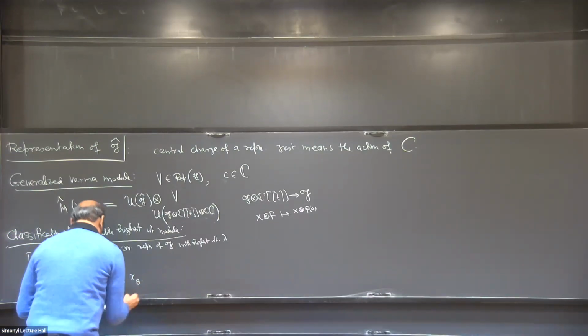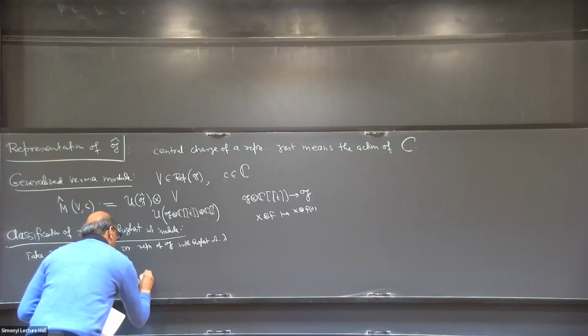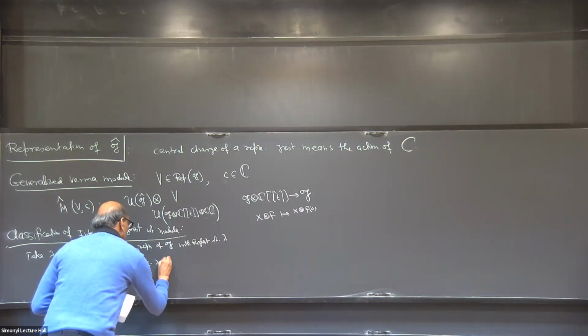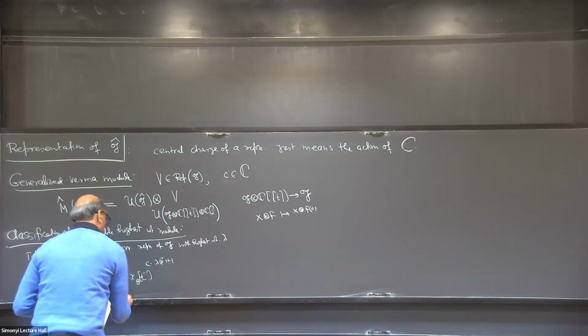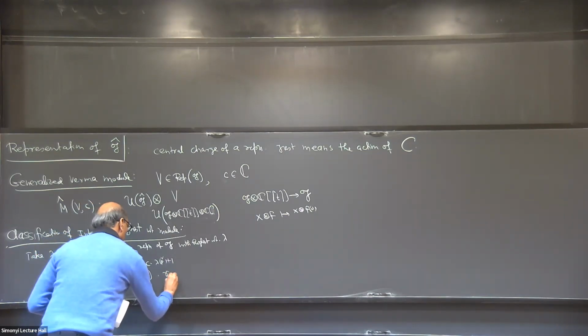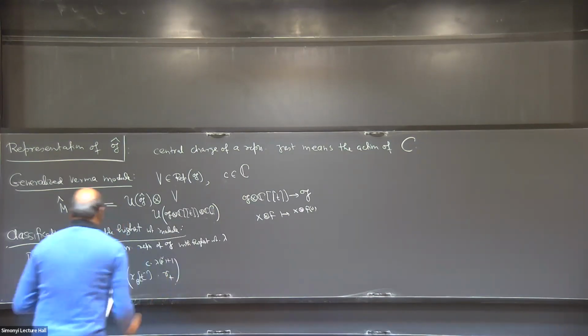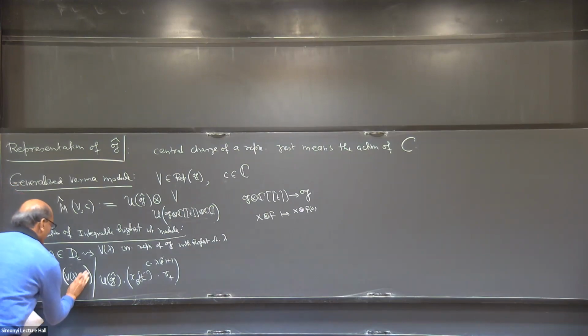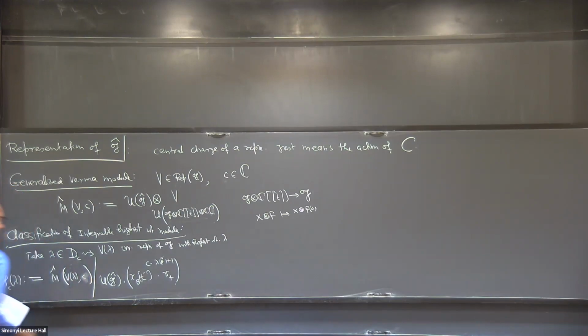Let me write it and then I will explain the notation. So this I'm going to denote by X. Unfortunately, my capital C and small c look almost the same, sorry.